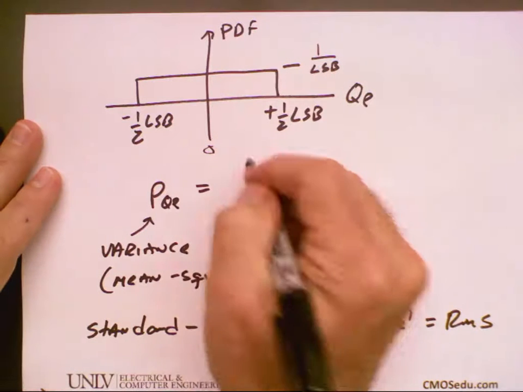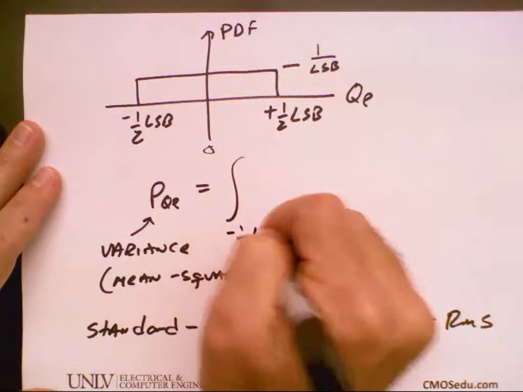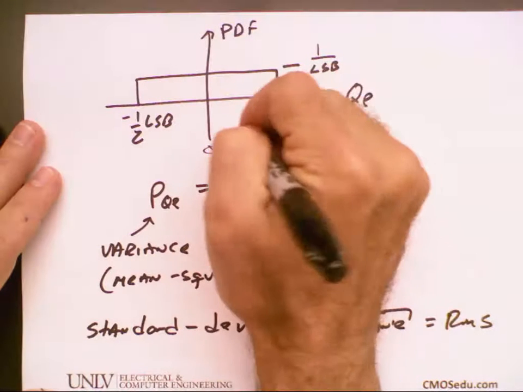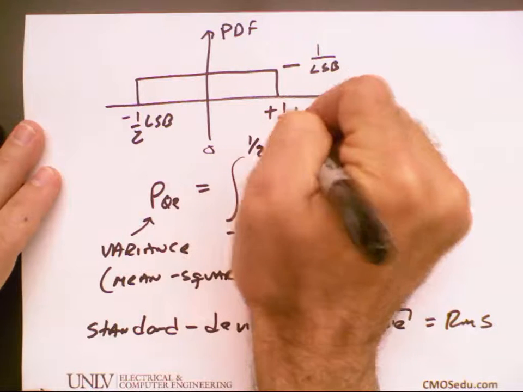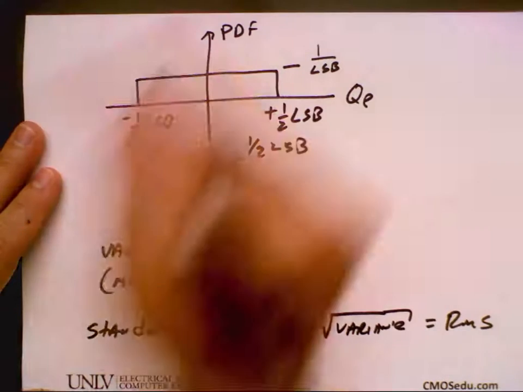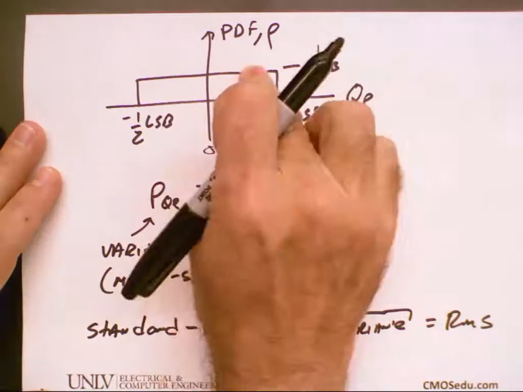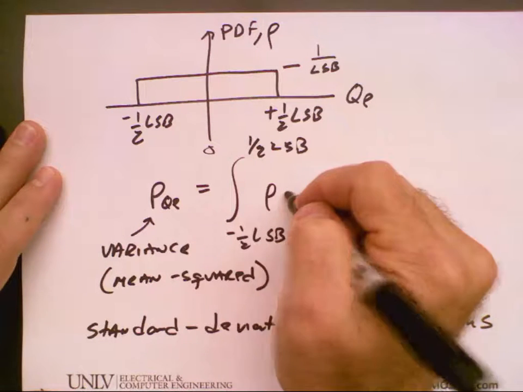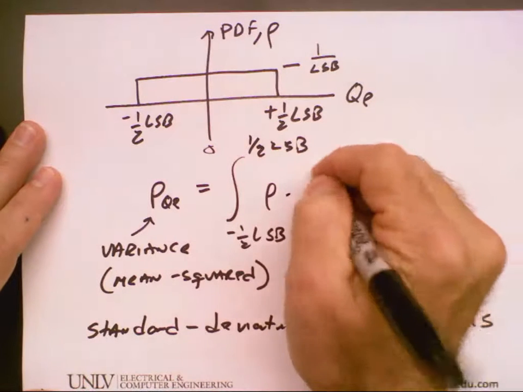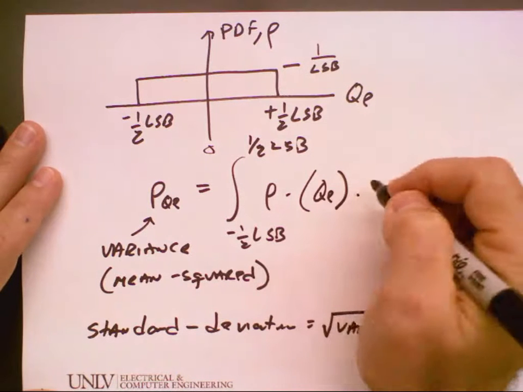And so we integrate this to find the variance from minus 1/2 LSB to 1/2 LSB. And the rho, which is the probability density function, this thing, which is just 1 over LSB, times the quantization error, this axis, times dq.